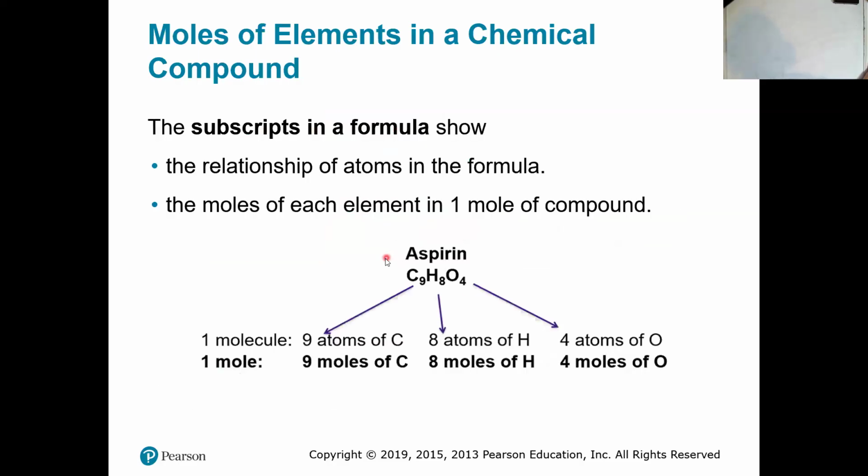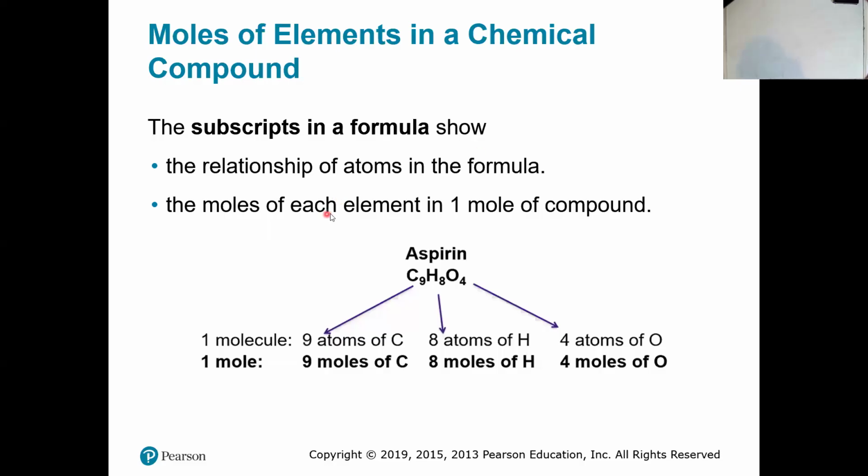Okay. We're going to be able to take this and write equalities from these. So we're going to practice that next. What we're going to see as we make these equalities is that the equalities are going to come from the actual chemical formulas.